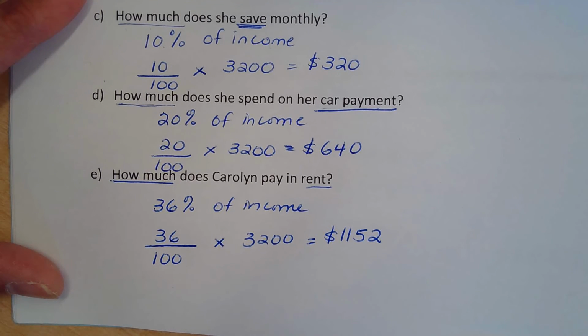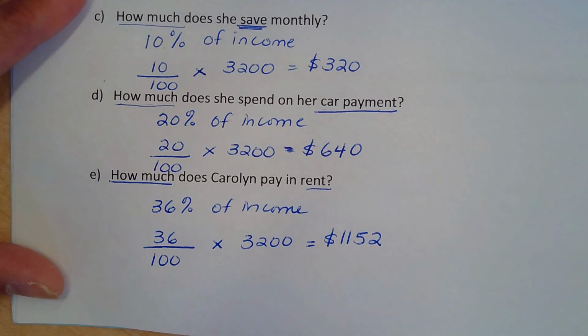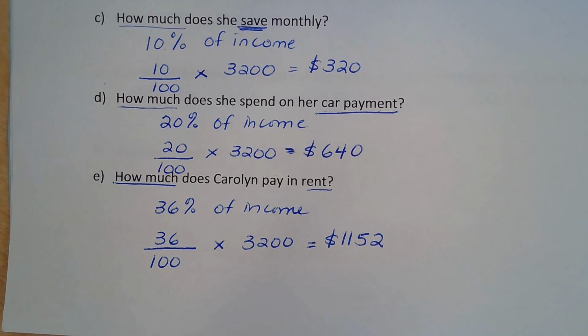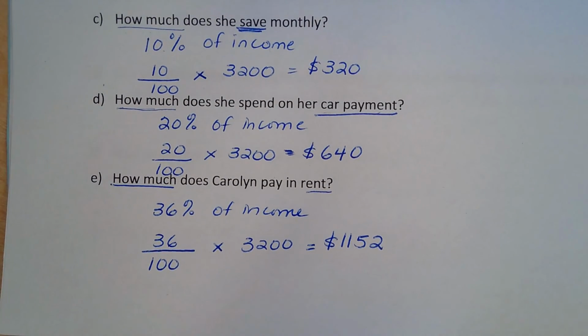Okay, 1152. So that concludes everything that we talked about in terms of graphs. We talked about line graphs, bar graphs, circle graphs and histograms.